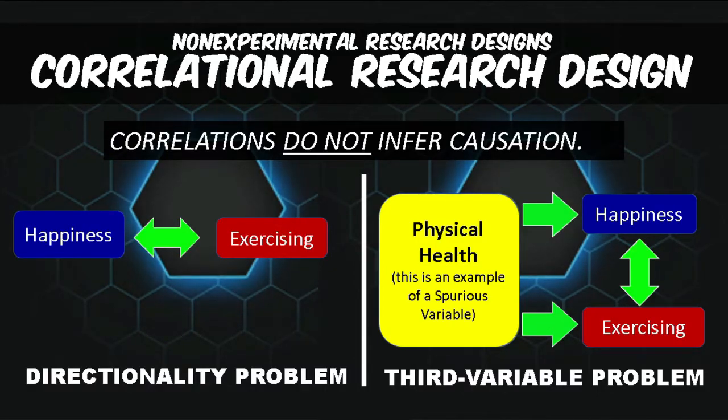So suppose it's strong. It's not because one causes the other, but it's because both of them are being caused by a third variable. This variable is called a spurious variable. The reason why these 2 are highly correlated is that they are connected by a third variable.